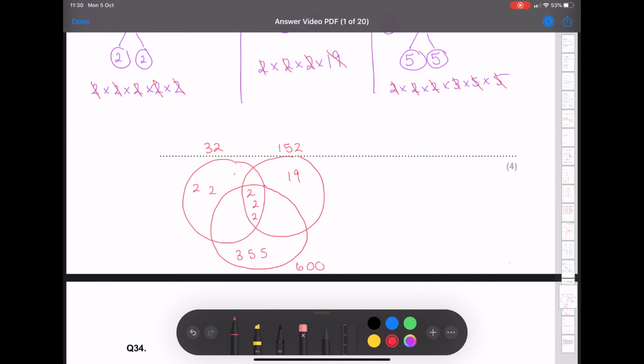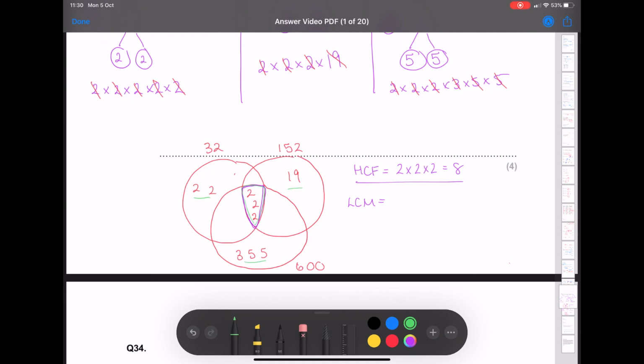To find the highest common factor, we do the intersection, which is this bit. 2 times 2 times 2, which equals 8. Done. The lowest common multiple equals everything. So this, this, this, and this, all of it. I'll do that in green.